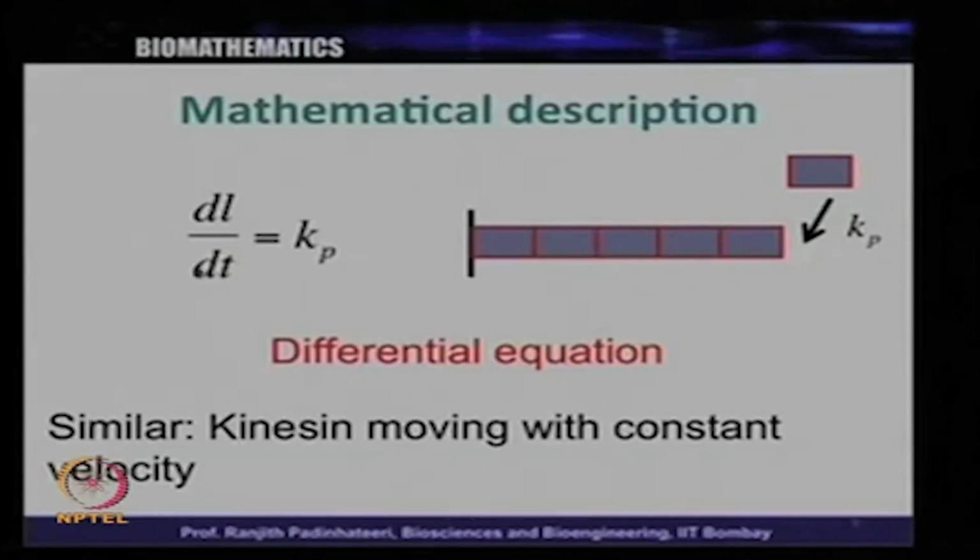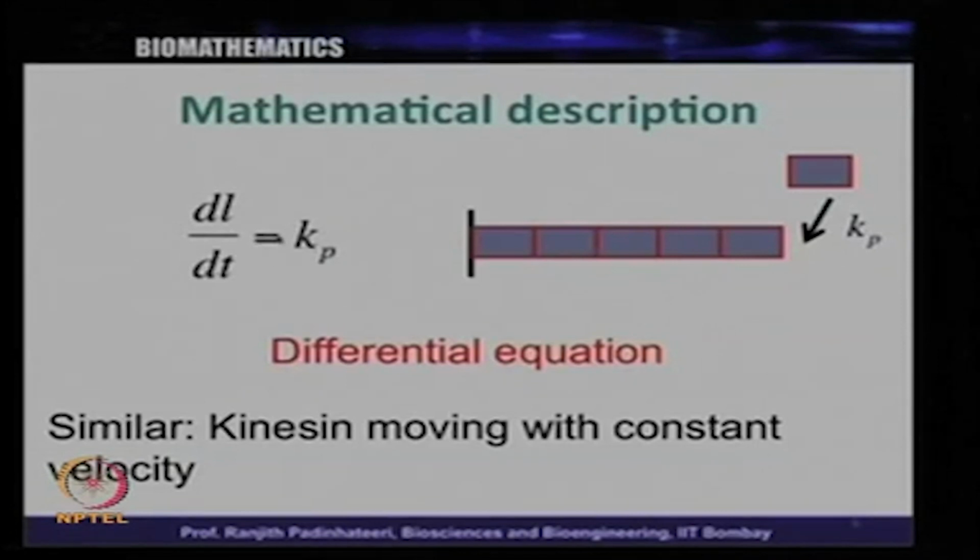When the time changes by dt, the length will change by an amount dl, and this happens with a rate Kp. So, the mathematical description of this phenomenon of polymerization with a rate Kp is the equation dl by dt equal to Kp. That means the change in length with time is Kp. Such equations are called differential equations.